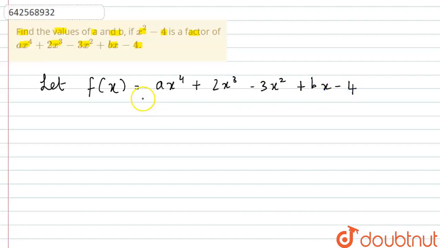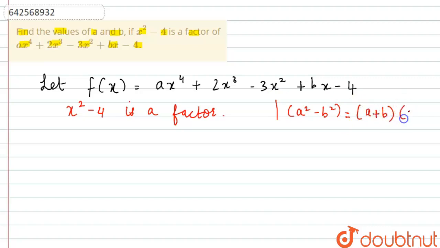Now here they have said that x square minus 4 is a factor. So x square minus 4 is in the form of a square minus b square. So we know a square minus b square is equal to a plus b into a minus b. So we'll write it into this form.